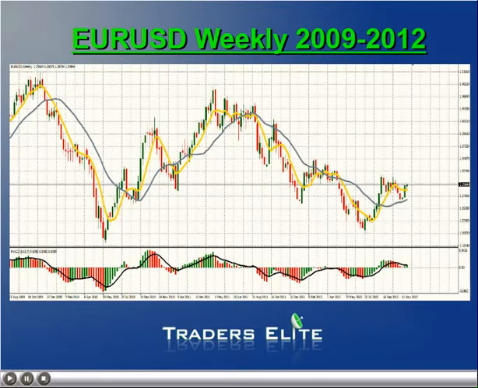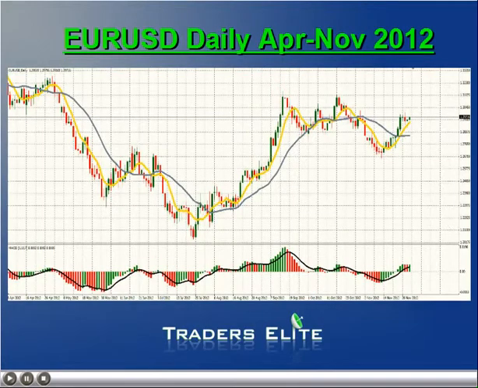So moving from the weekly, let's move on to the daily, and again we can see some really clear points of entry. Right here we can see a super nice move, and it's important to note before we look any further that once again it's important to always take the right side of the trade, and the way that we do that with a high degree of accuracy is always to look at the longer term overall stronger trends.